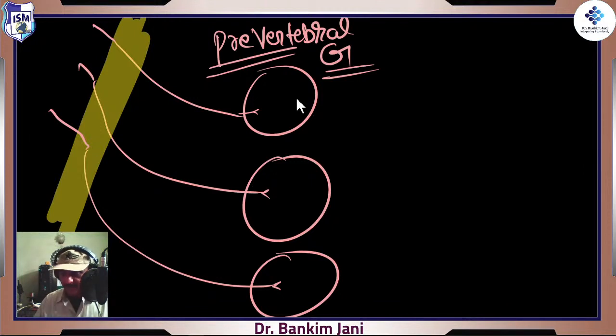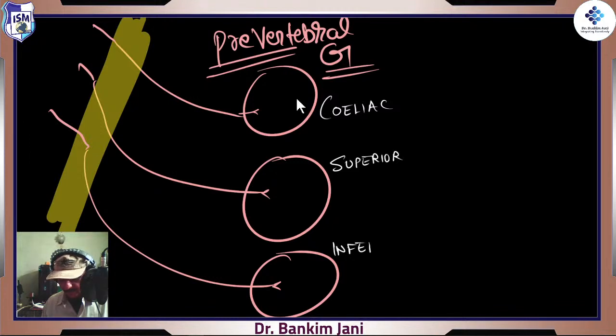So a name is given to all of them. Celiac. Then superior, because it is above. Superior, so there has to be one inferior. Yes, there is. So this is superior and that's inferior. Mesenteric.